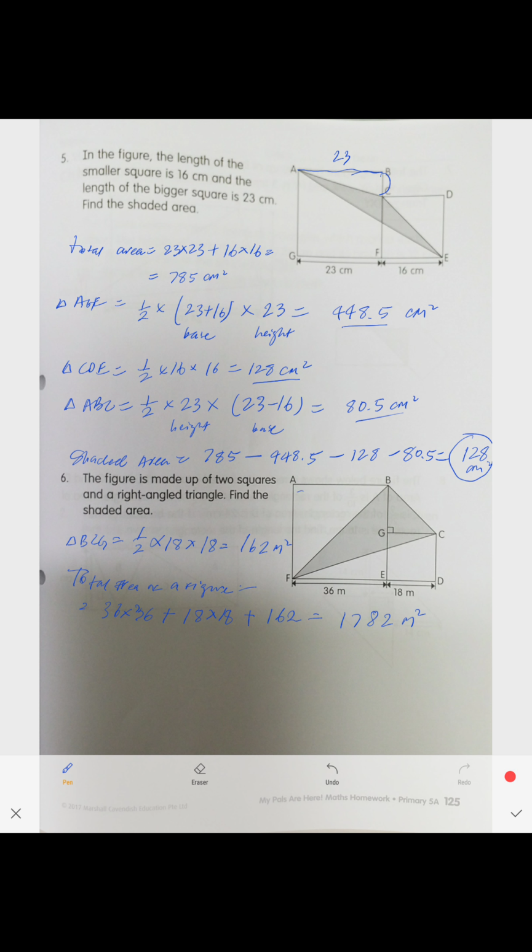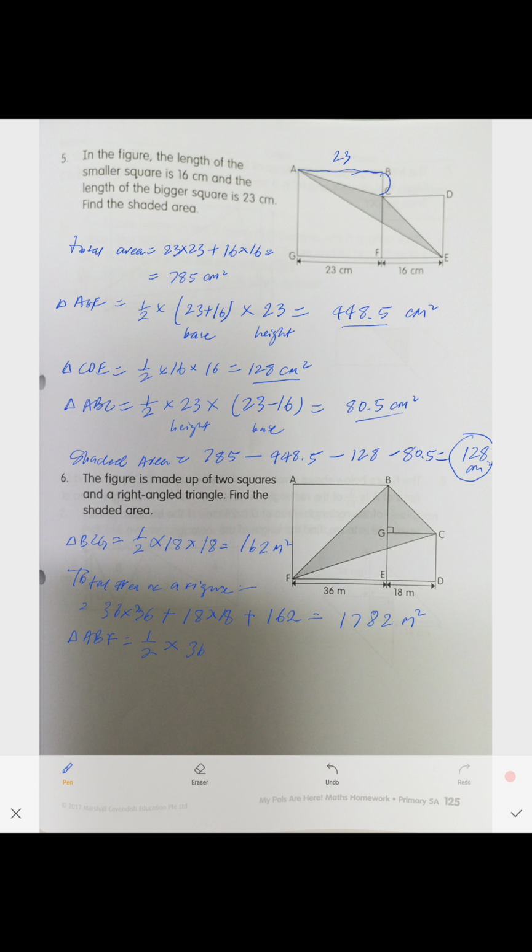Let's subtract this big white triangle ABF. Triangle ABF is equal to 1/2. These are the sides, AB and AF, the sides of the big square.